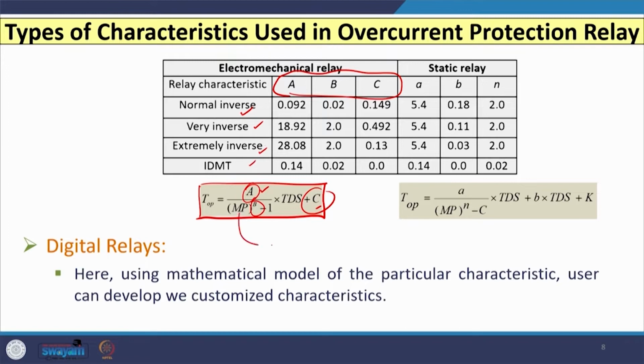The value of multiple of pickup current depends on the magnitude of fault current referred to the CT secondary side and the pickup current of the relay. The TDS value is already given.